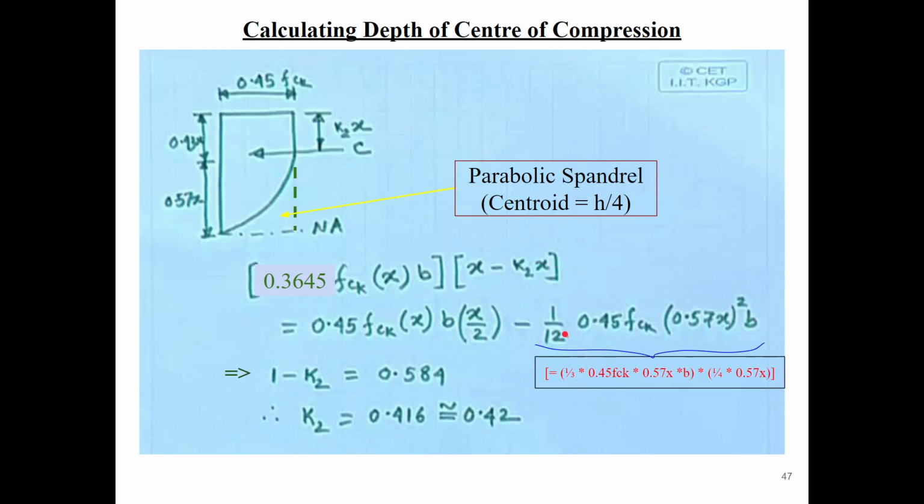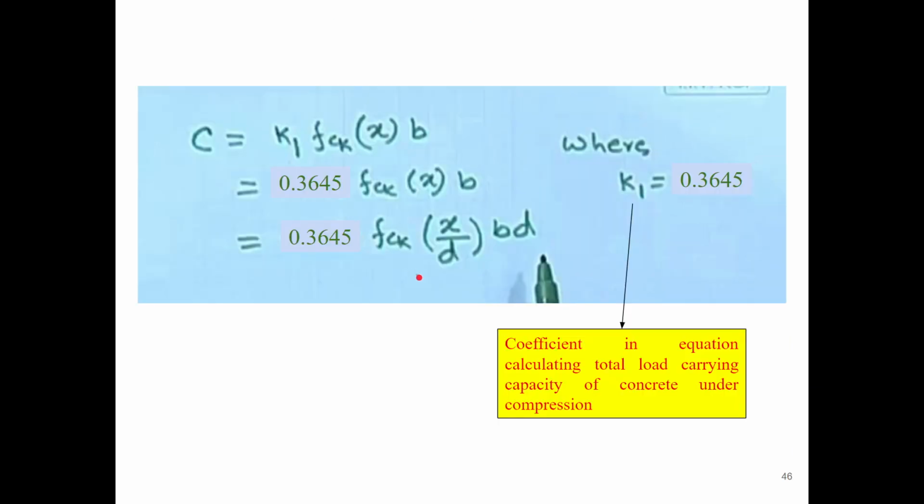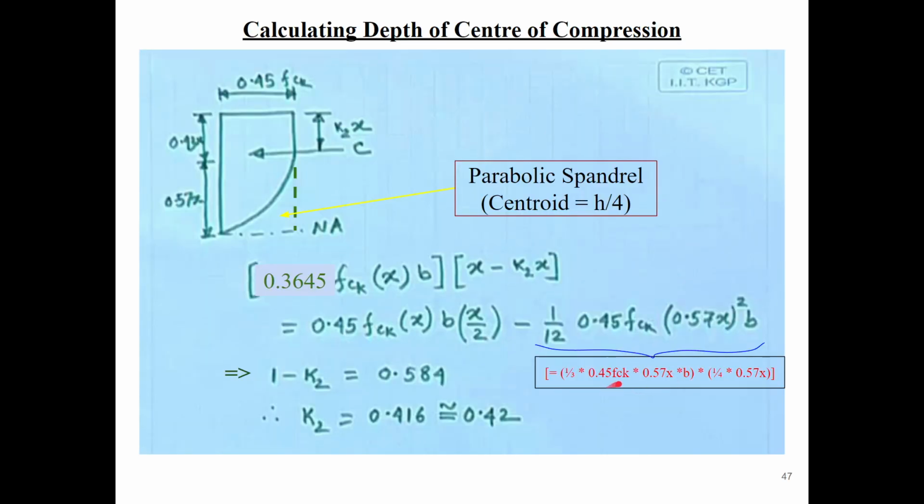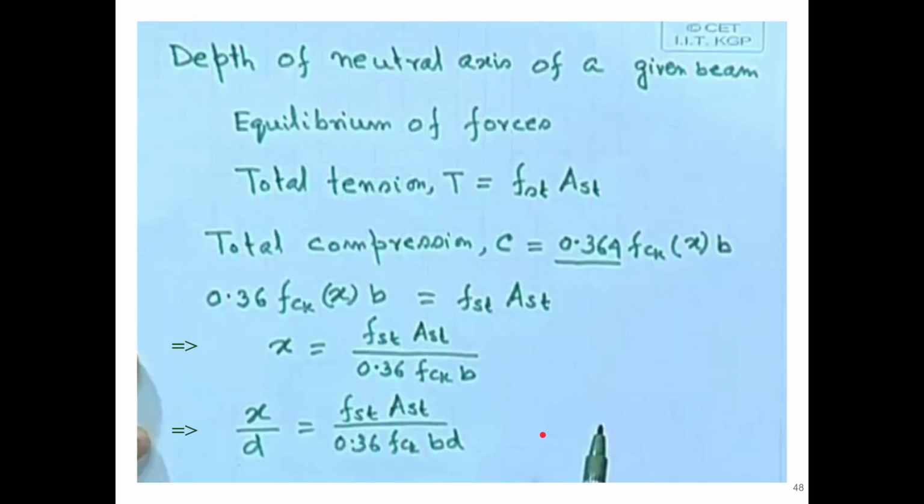And this area is one third into 0.45 fck into 0.57x into b. So if you solve, it becomes 1 by 12 into 0.45 fck into (0.57x) whole square into b. Solving this, we find k2 is equal to 0.416, which is approximately 0.42, right?